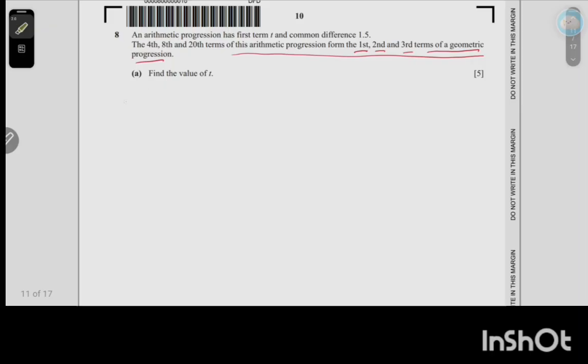Now first of all, a equals t. For a4 in the arithmetic progression, we know that a1 plus (n minus 1) times d, with n equal to 4, so 4 minus 1 times d, is equal to a, because it is said that the fourth term of the arithmetic progression is equal to the first term of the geometric progression.